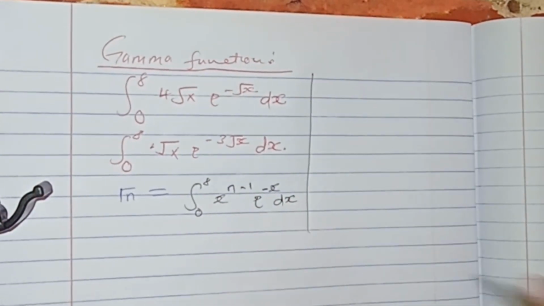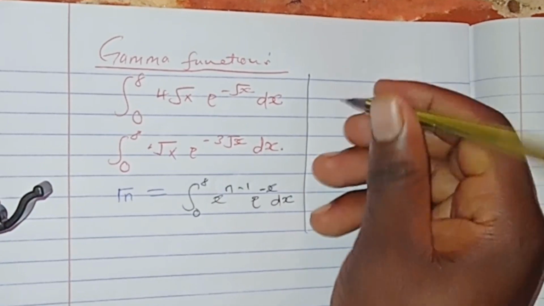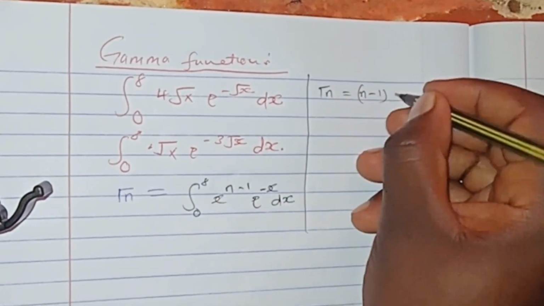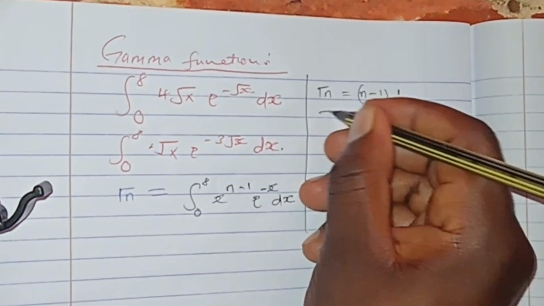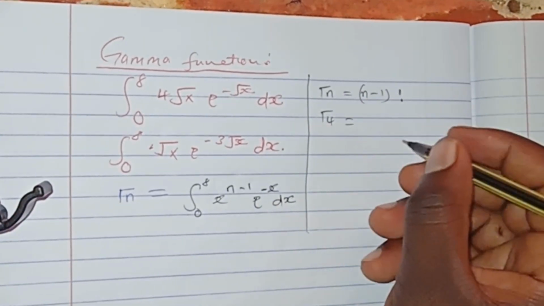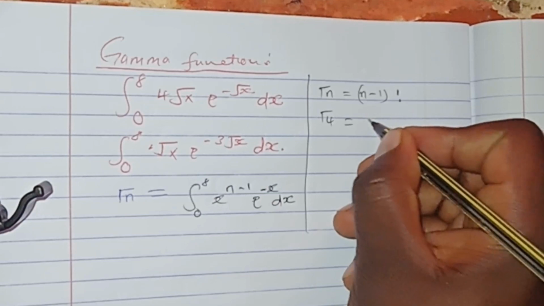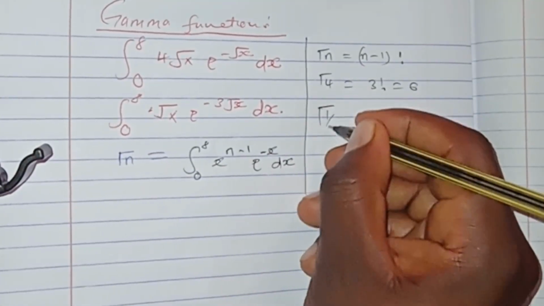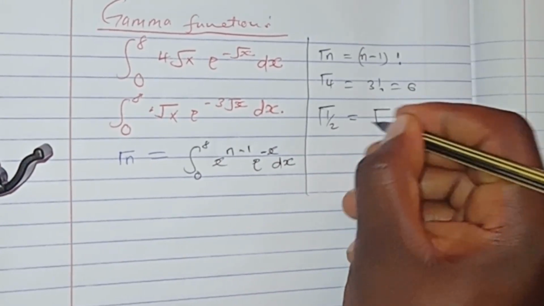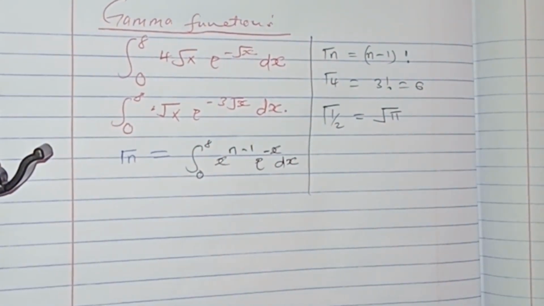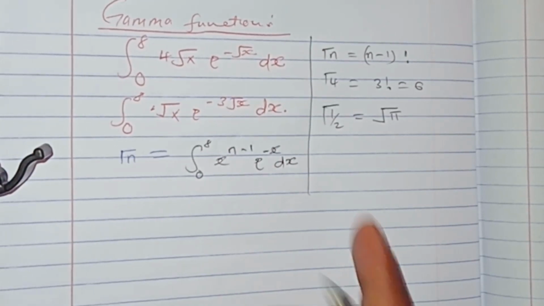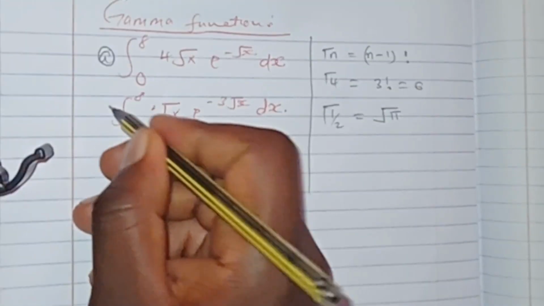Also note that gamma n is equal to n minus 1 factorial. So gamma 4 is equal to 3 factorial, which is 6. And gamma half is equal to root pi. Note that. So we start with a, then b.